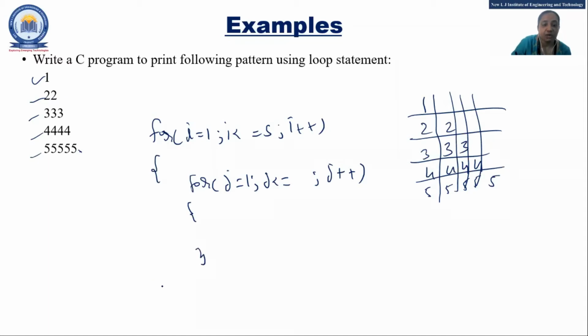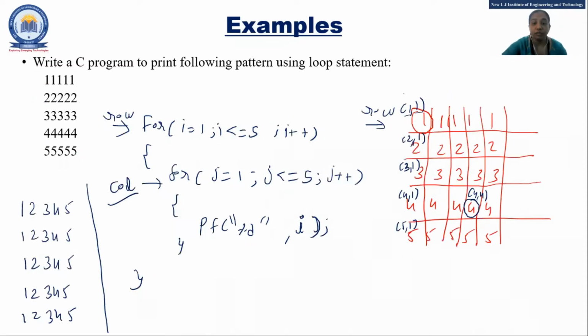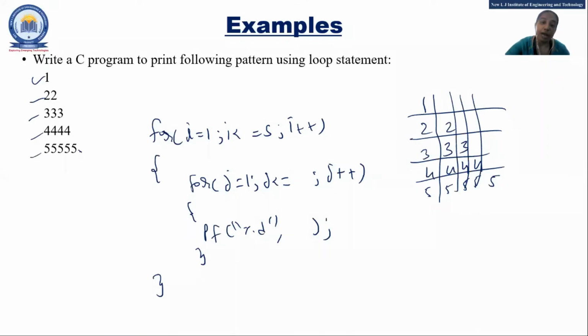Because we are not going to print all 5 columns. In the previous case, we filled all 5 columns, right? But right now only some columns. Now you have to apply the logic. Yes, Jay, it is right. You need to decide in terms of condition.